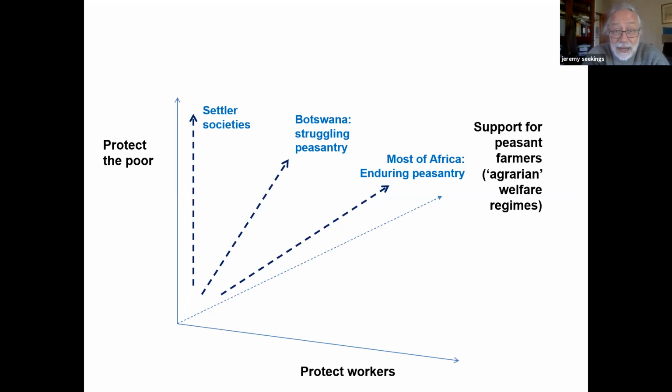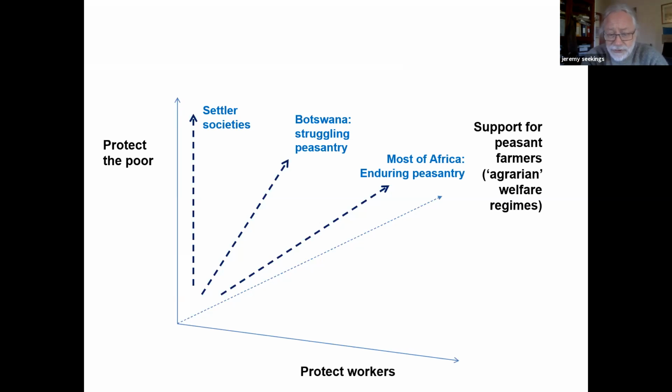And so in Botswana, from the 1960s onwards, the welfare provision combined elements of pro-farmer support and elements of pro-poor support, recognizing that more and more poor people were no longer farmers. Whereas in most of Africa, certainly through the late 20th century, provision was focused on small farmers, not on the poor per se, right? And Zambia, well, Tanzania would be examples of that.